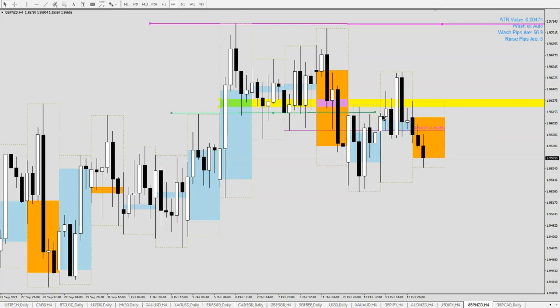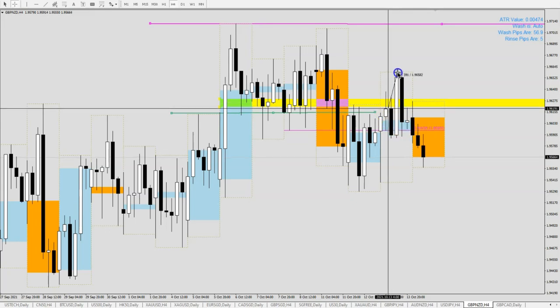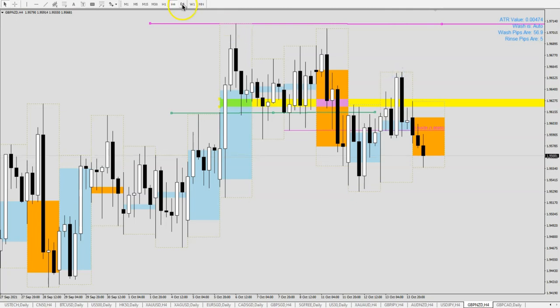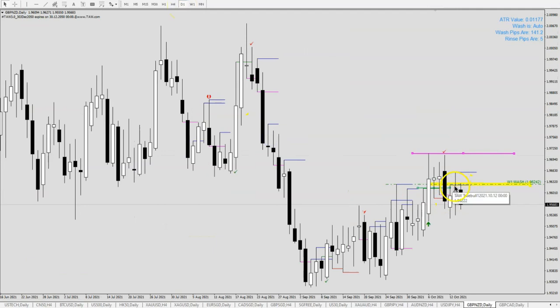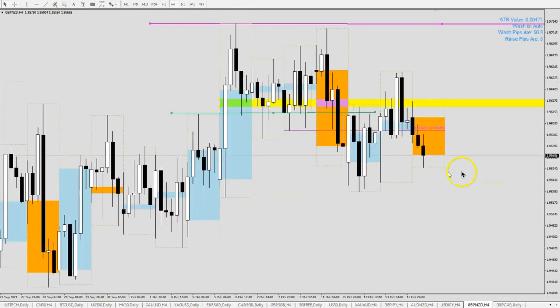Was this long successful? Unfortunately, it didn't move up a lot. For example, if you went long here, it moved up by probably about 39 pips. But if you flip into the day chart, you would know that you are probably just going long near a weak level, during a retracement. Now what's happening is that it's coming down again, but there isn't any sell signal yet.